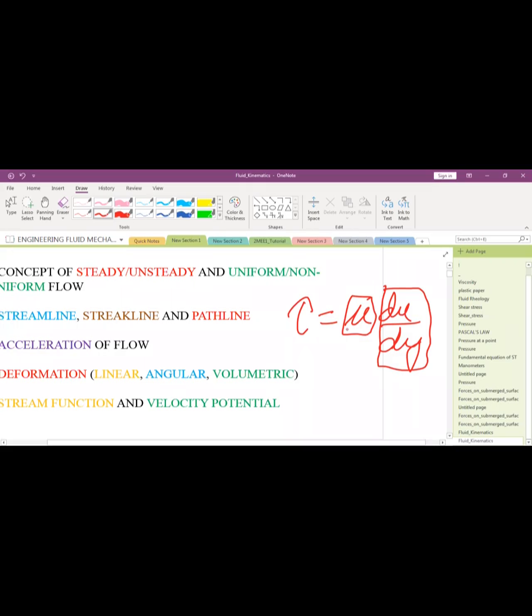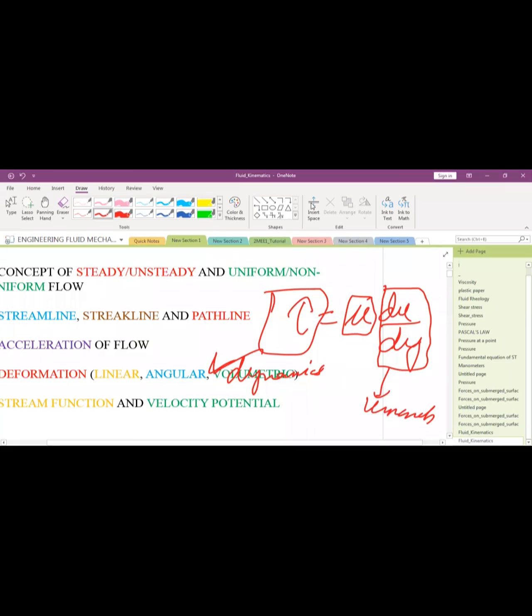So what is the dynamics part here? Shear stress is the dynamics part. What is the kinematics part? du by dy. This is the kinematics part.